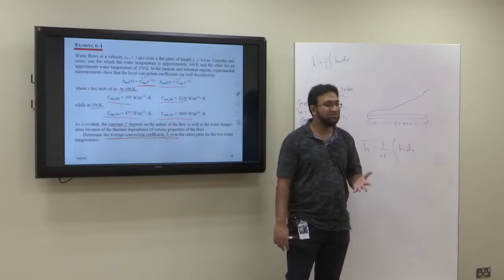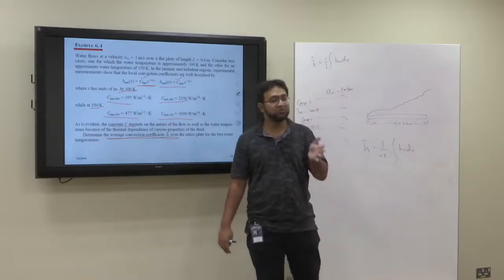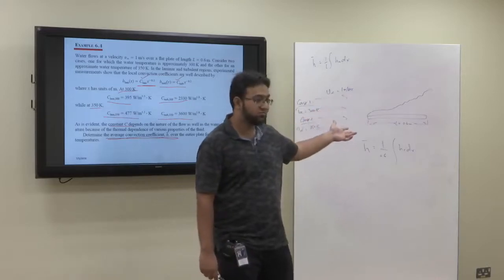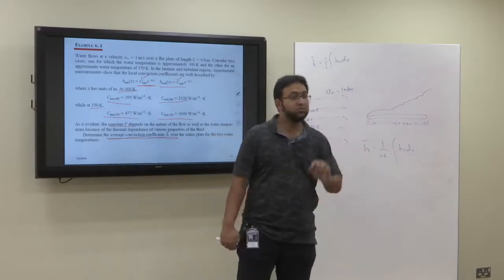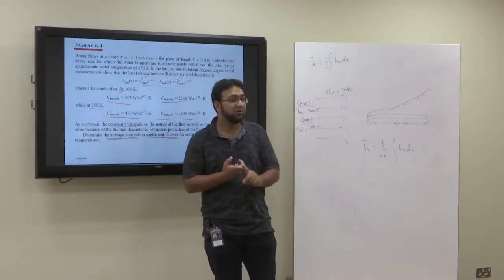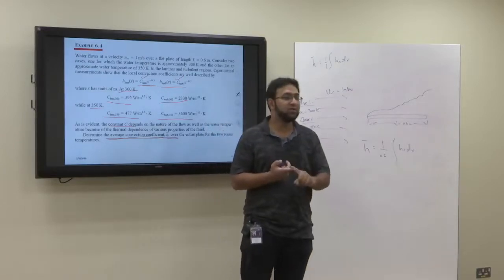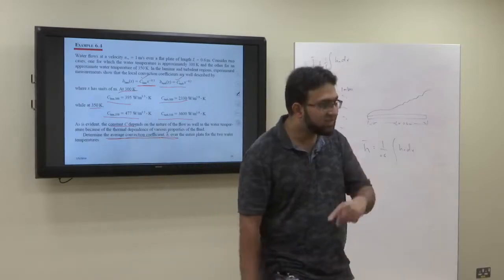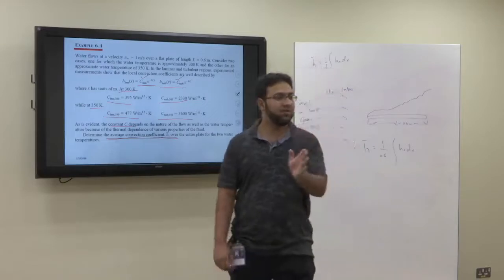How do we determine whether the flow becomes turbulent along the length of this plate? It is through the critical Reynolds number. If the Reynolds number becomes greater than 5 into 10 to the power 5, it becomes turbulent. If it is less than 5 into 10 to the power 5, it remains laminar.